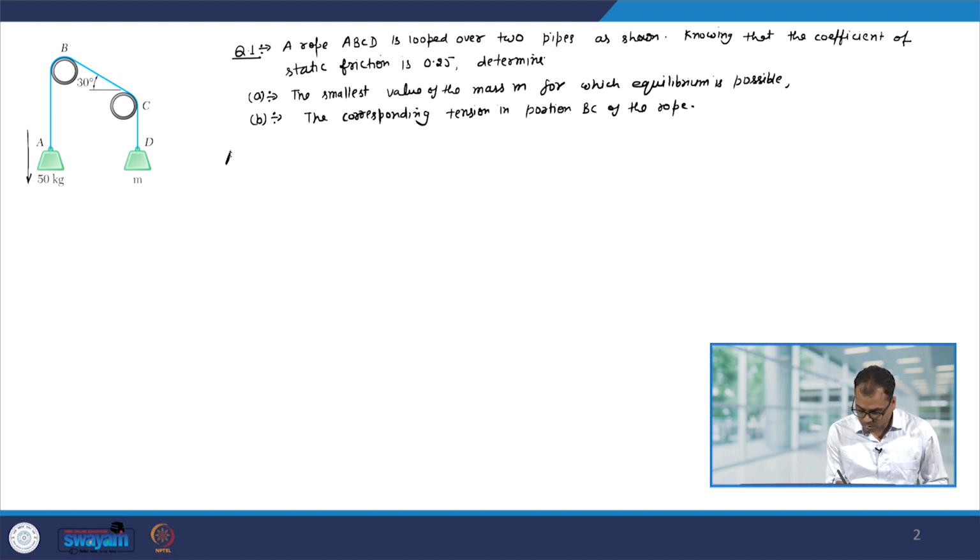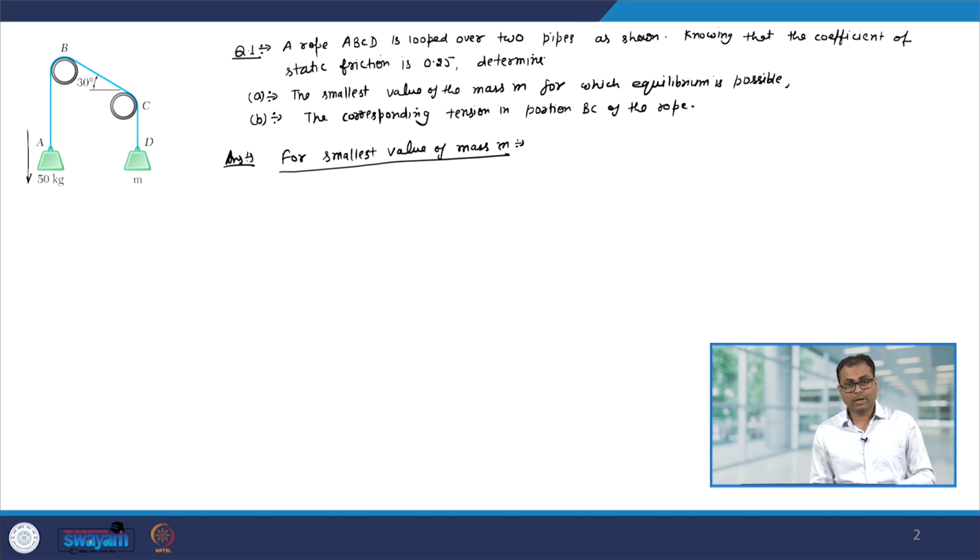So, let us look at the situation for the smallest value of mass m, and let us look at what happens with pipe C. Now, since the impending motion of the 50 kg mass is downward, the tension in the BC part will be more than CD.